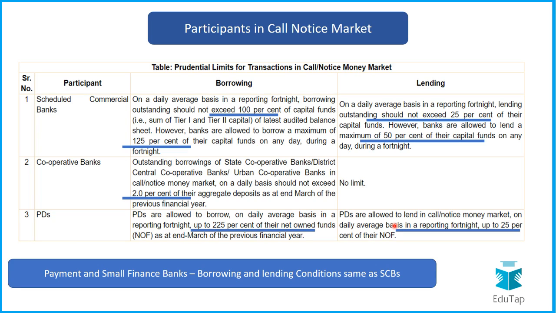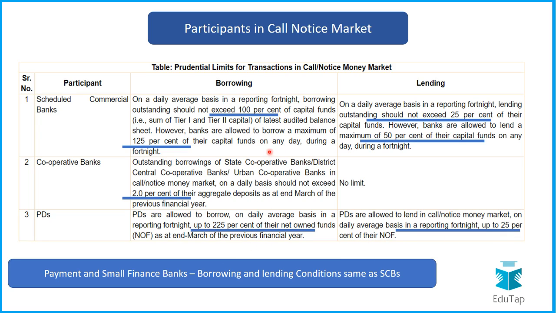And with respect to lending, again it is not calculated daily, but on a daily average basis for a 15-day period, their lending should not be more than 25% of their net owned funds, right?